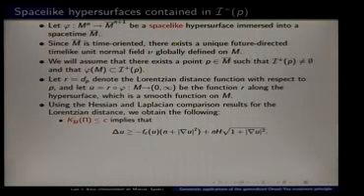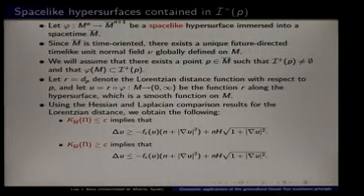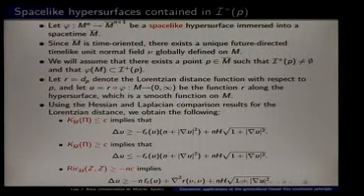First, if we assume that the sectional curvature of time-like planes is bounded from above, then we get this inequality for the Laplacian. This is the Laplacian on M, the Riemannian Laplacian of the restriction of the Lorentzian distance to the hypersurface. This one is under the assumption that the sectional curvatures are bounded from below, and this one is with the condition on the Ricci curvature. These three inequalities are the ones that we will use to prove our main results.